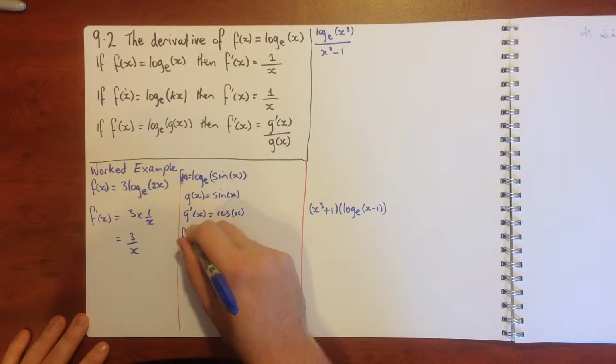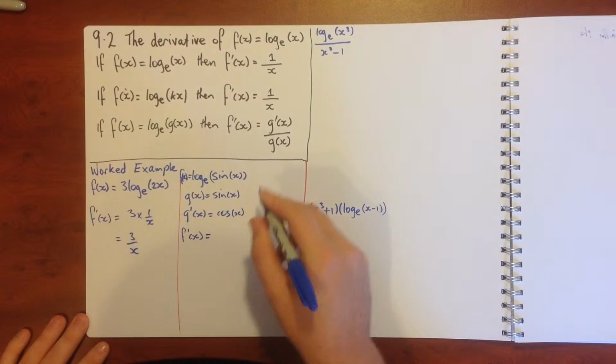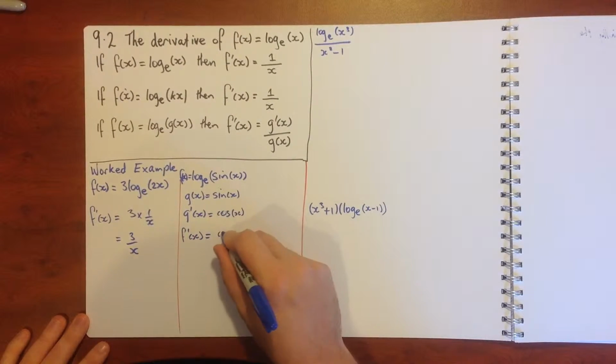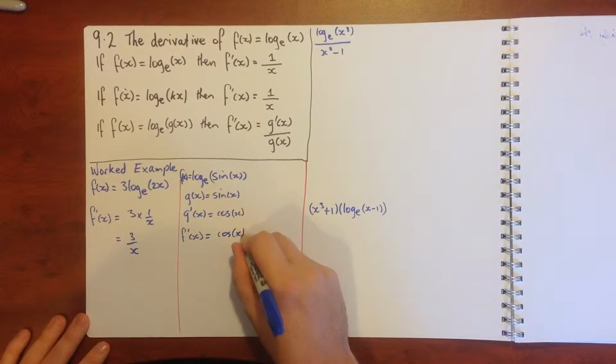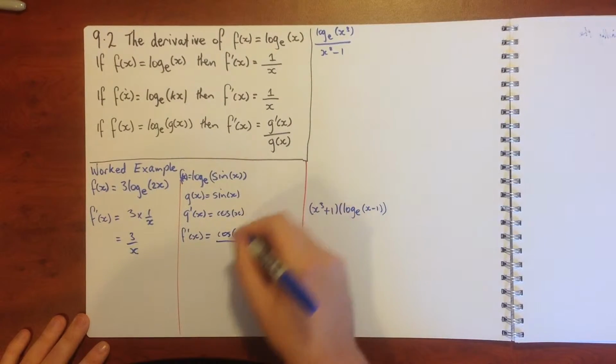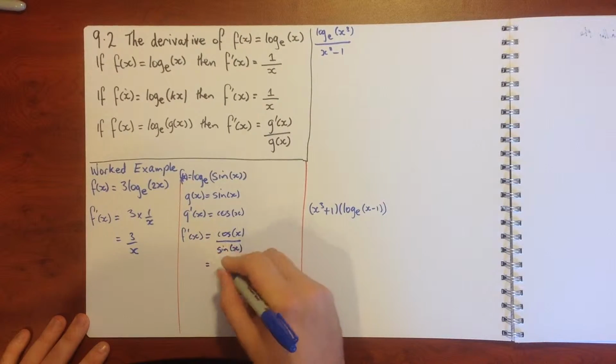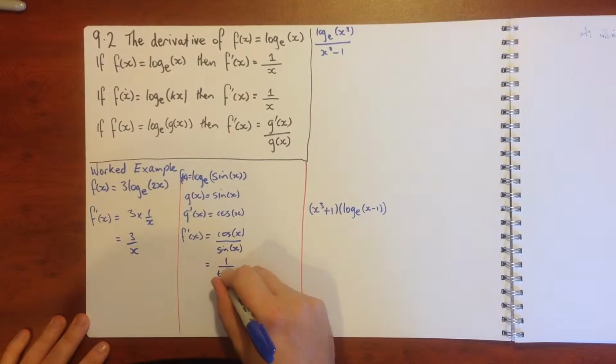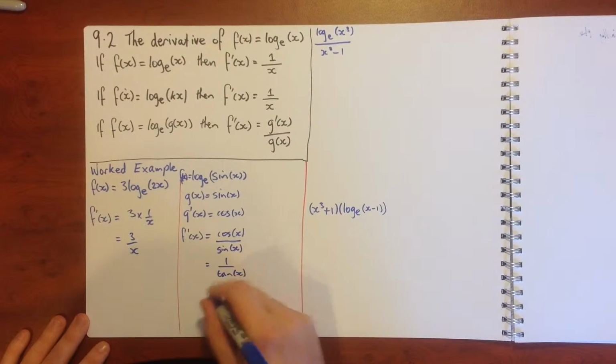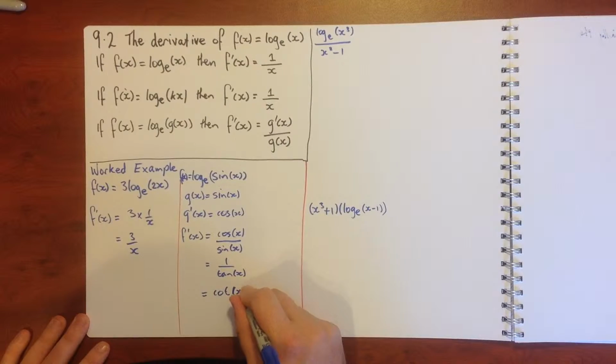So f dash of x is going to equal g dash, which is cos of x, on g of x, which is sine of x. And that's actually equal to 1 on tan of x, which is equal to cot of x.